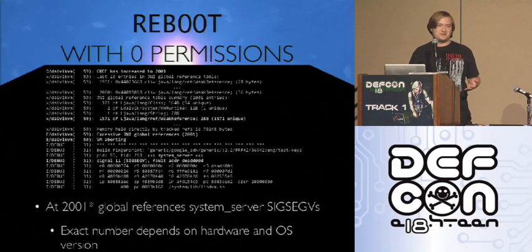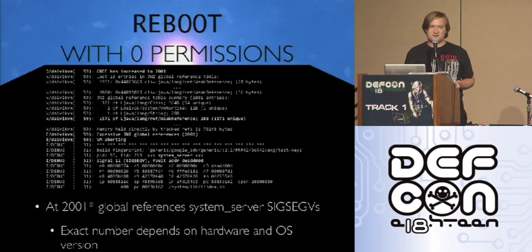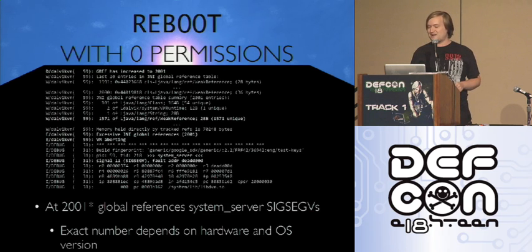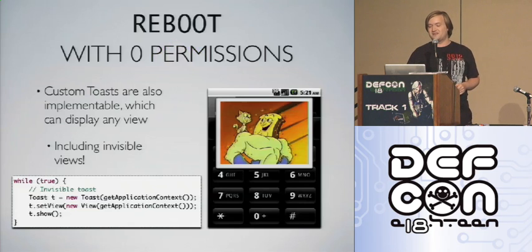So that's cool. You can get the OS to reboot. That's pretty fun. But during this process, it would display a little toast on the screen that would say something like "Hello World." Now you could do something fun with this, like display a countdown timer to when your phone was going to reboot. But maybe we can make this even more hidden.